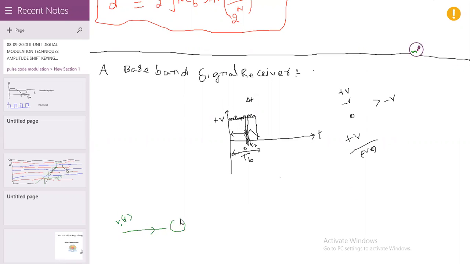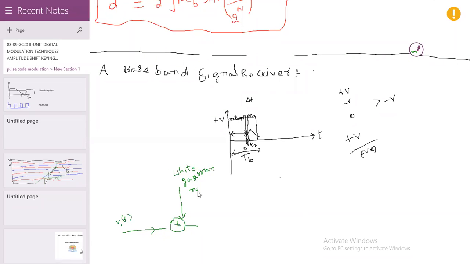So here an adder is there. Then the noise is added to that signal, that is white Gaussian noise.